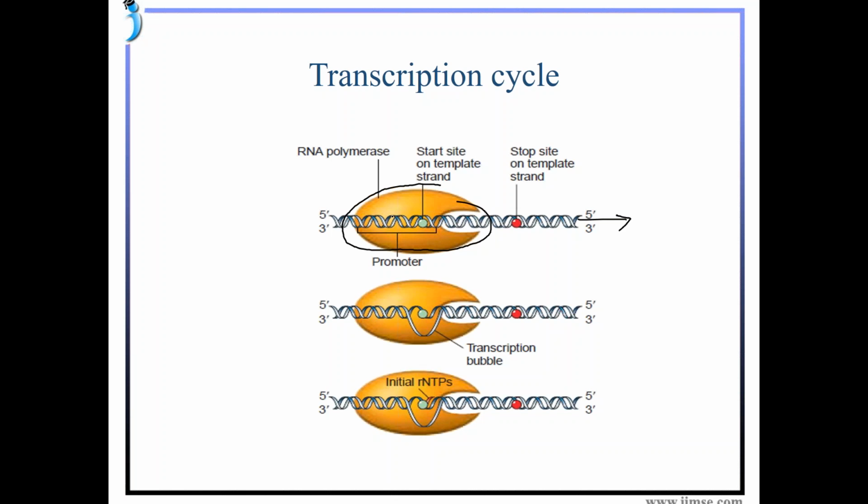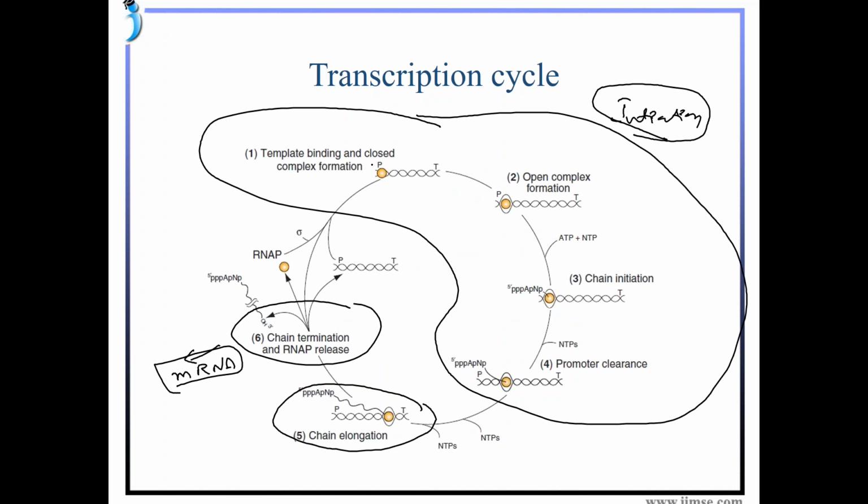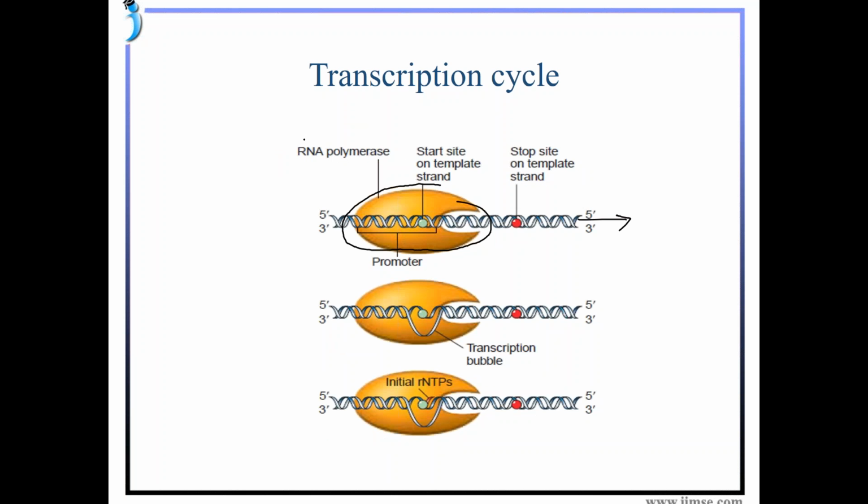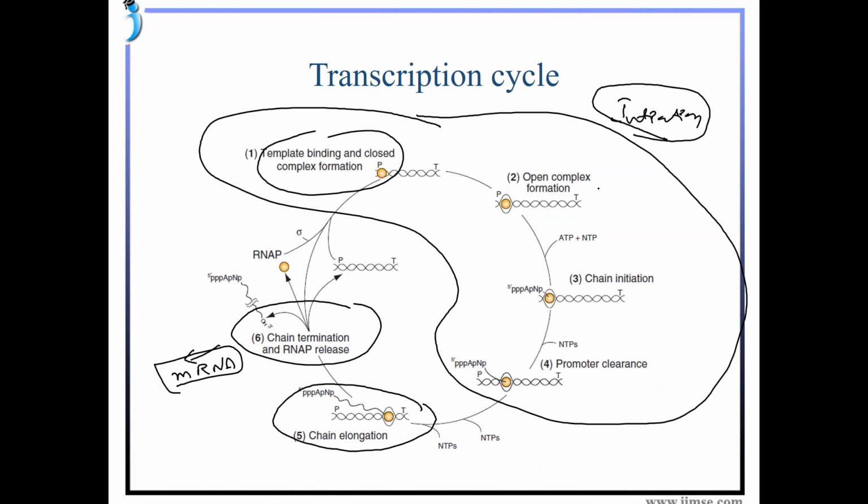Once it binds to the promoter site, this is called template binding and closed complex formation. That is, your DNA is still in closed structure. Once it binds, it will use the helicase enzyme present in the RNA polymerase to unwind the DNA template. The point where the unwinding started is called the transcription bubble, and once it is done, it is called open complex formation.